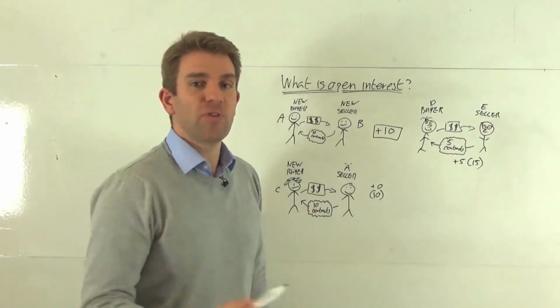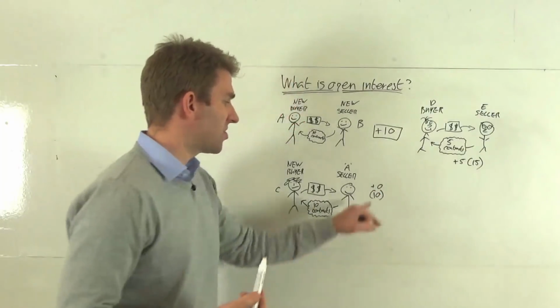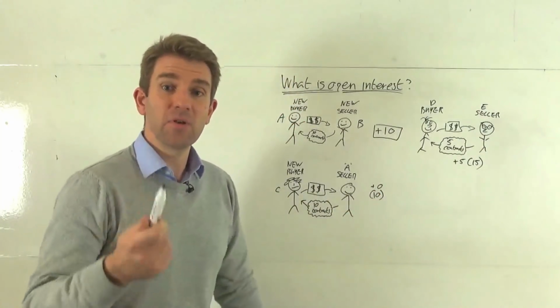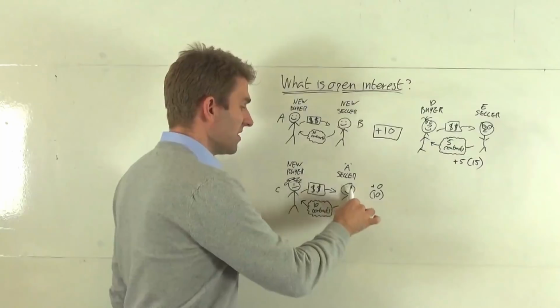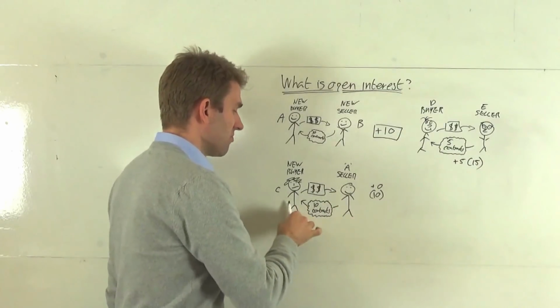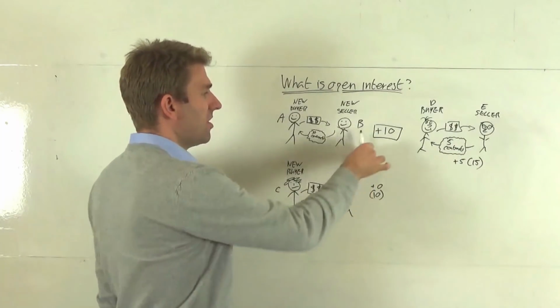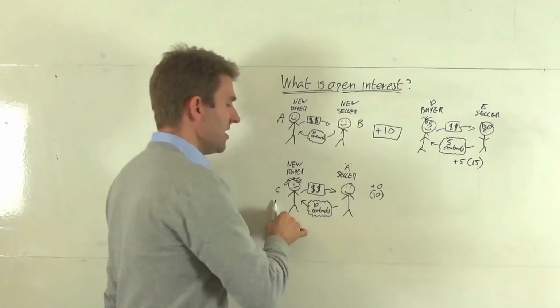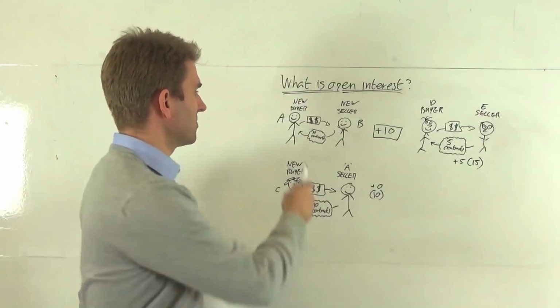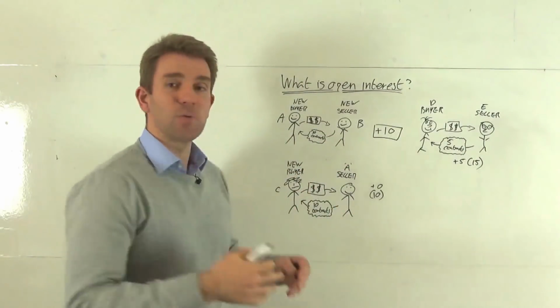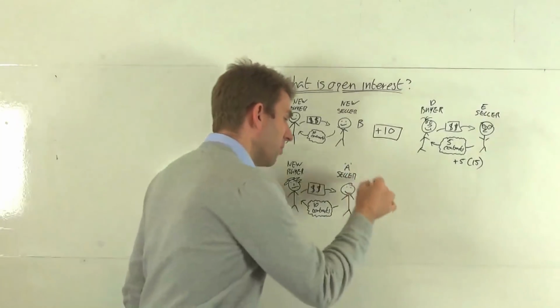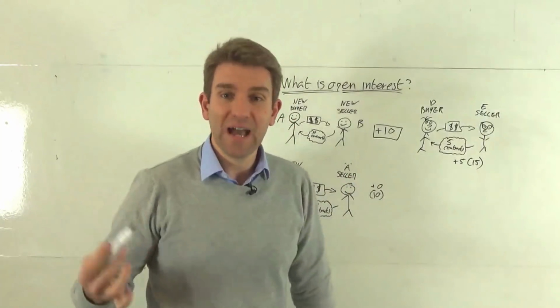Now, the open interest doesn't change in this example. The open interest is still 10 because ultimately we've just shifted the liability of those contracts to a brand new buyer. So now we've got seller B and buyer C. Those are the guys who have got 10 contracts. Buyer A has sold his 10, so he's out of the equation altogether. And the important thing to note is that the open interest hasn't changed.